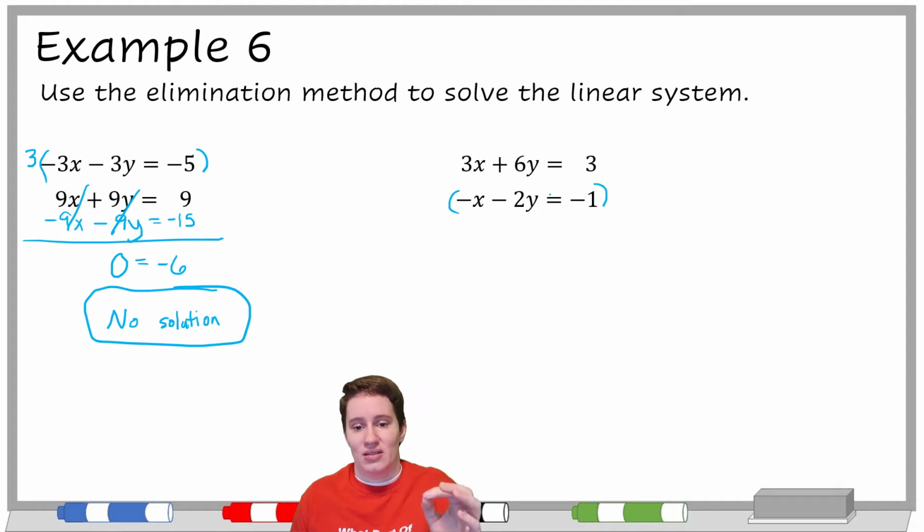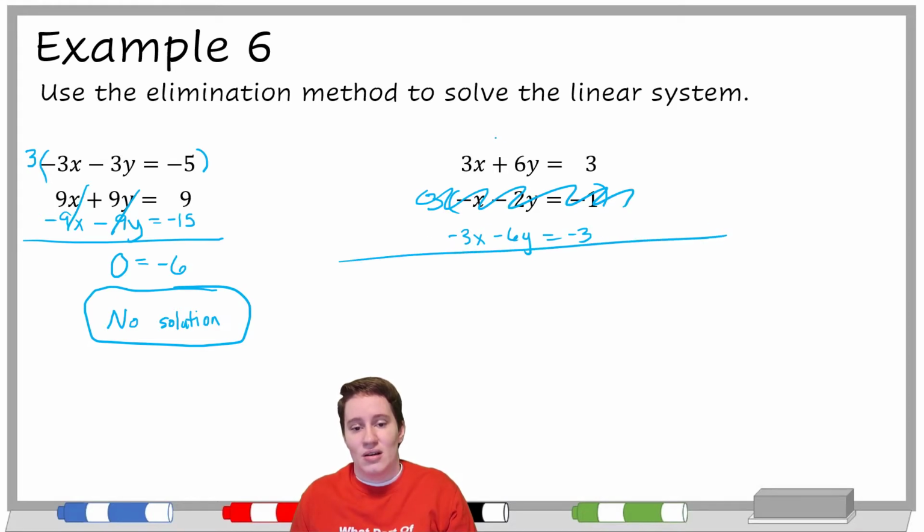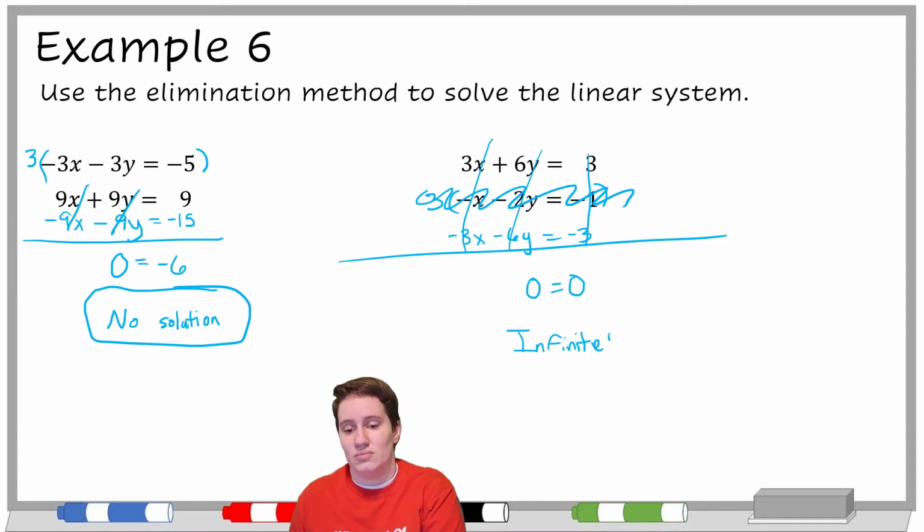Because one of the equations is actually a multiple of the other. So we can do -3x minus 6y equals -3. And then I'm going to mark this out and just add them together. The x is canceled, the y is canceled, the 3 and the -3 cancel. So we get 0 equals 0, which is true. So it's infinitely many solutions.